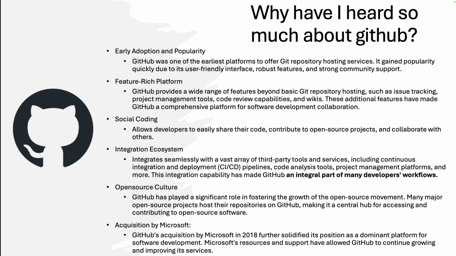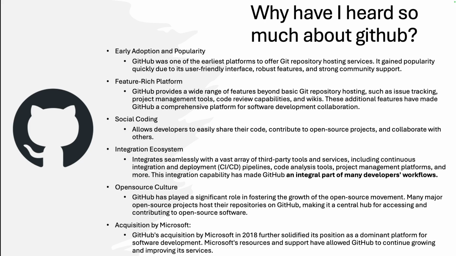But why have I heard so much about GitHub? So back when Git was launched, I don't know if I should say I was around then, but GitHubs just started appearing, because Git was being embraced by the open source community. And there are features inherent in Git that let you email changes around to each other and absorb them into a repository.